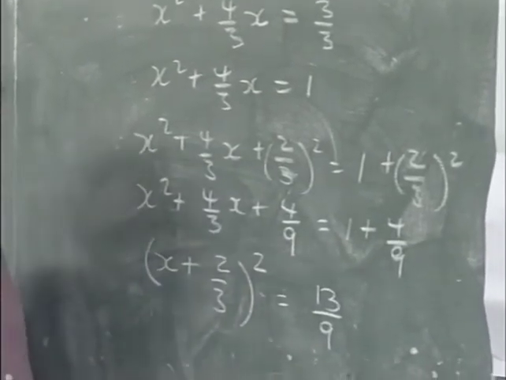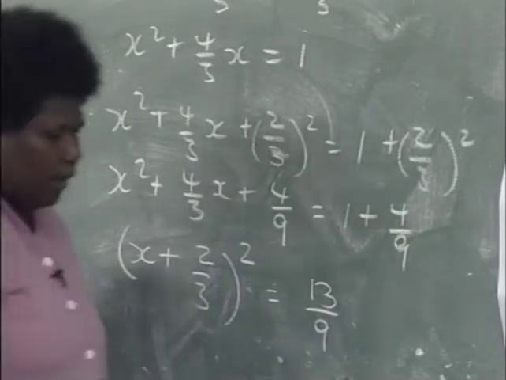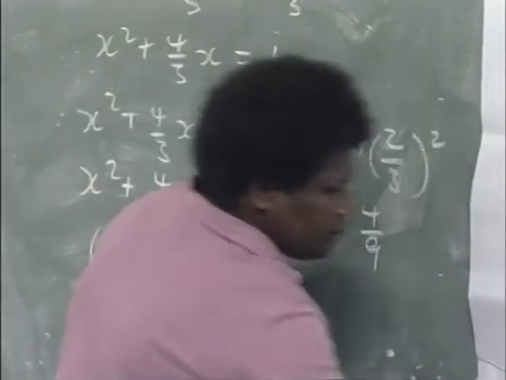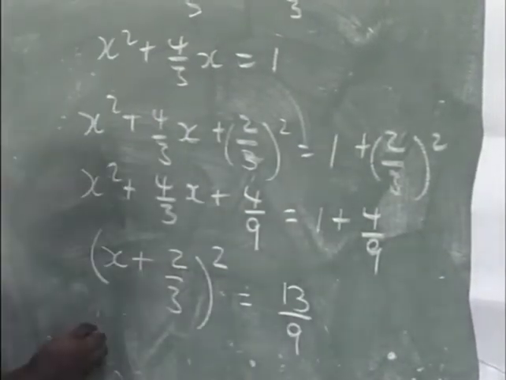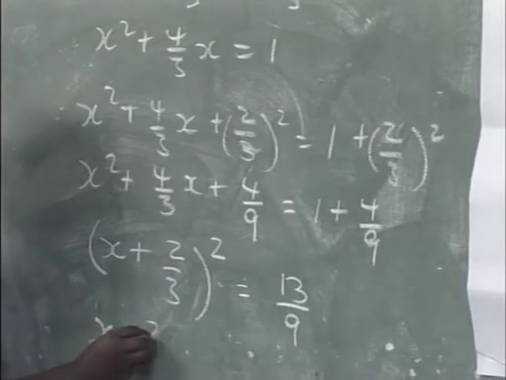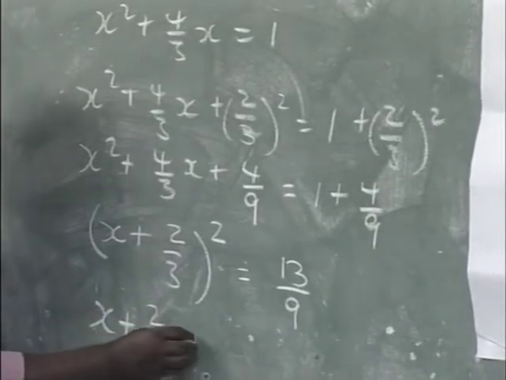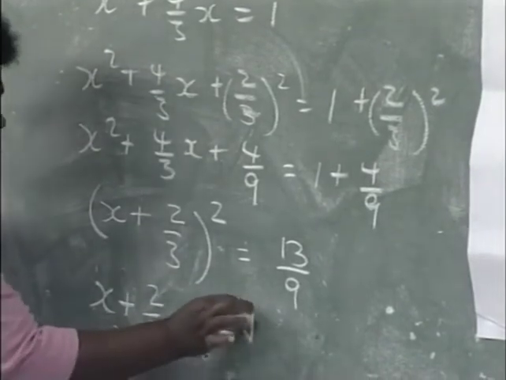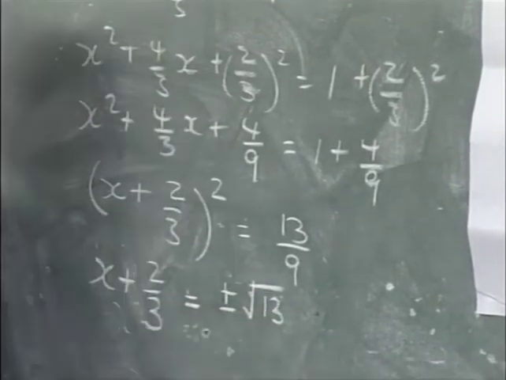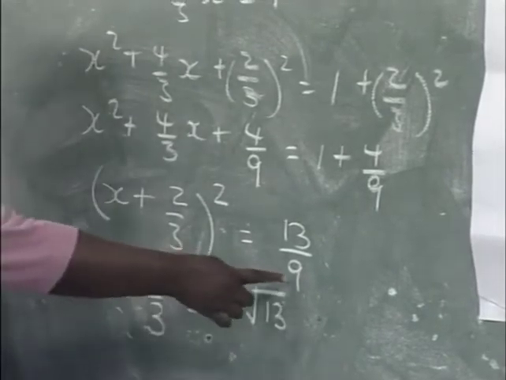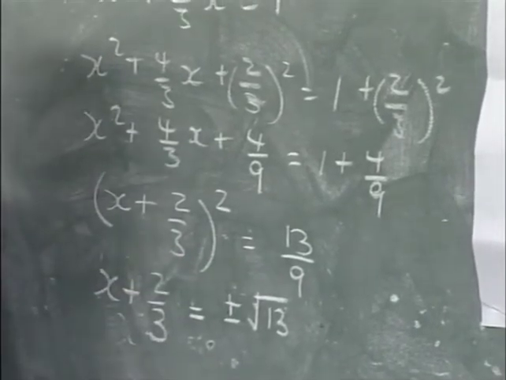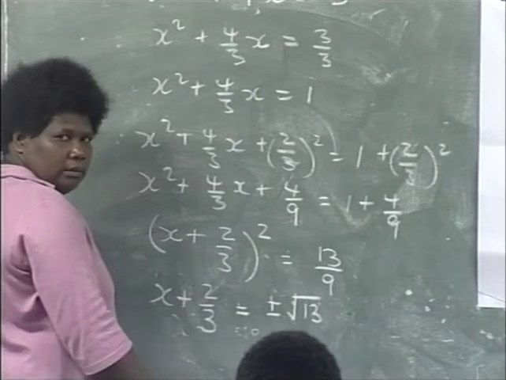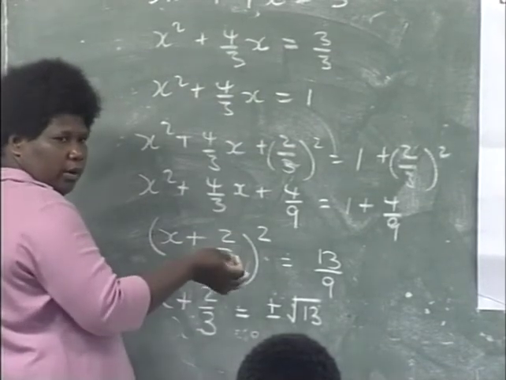Now I have to find the square root of both sides. Okay, square root of this is going to be x plus 2 on 3 equals the square root of 13 on 9, which is plus or minus root 13, because 9 you can find the square root of 9, which is 3. If I just put down 3, will you follow?